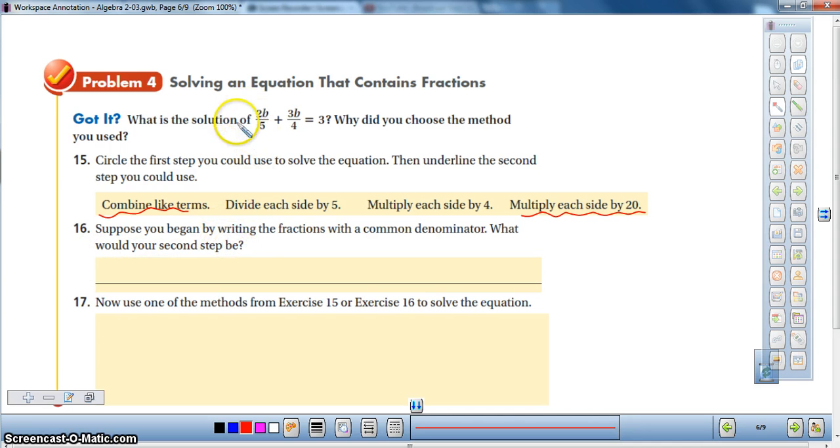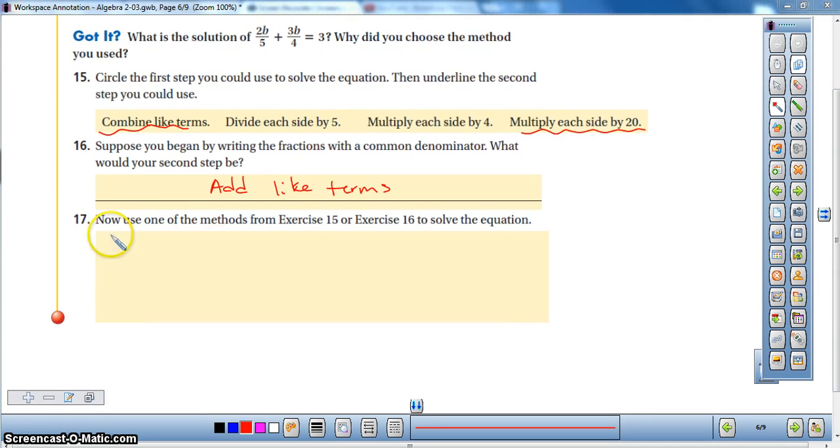So if you began by writing the fractions with common denominators, what would our second step be? If we got the common denominator of 20, we would then add like terms. I'm going to show you both ways of solving this so you have an option when you look at your problems. In the first one, 2b over 5 plus 3b over 4 equals 3.